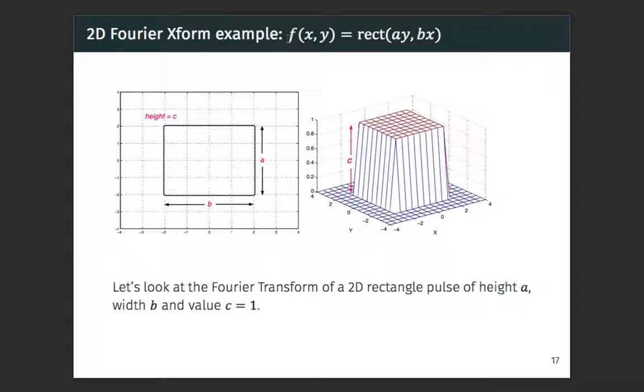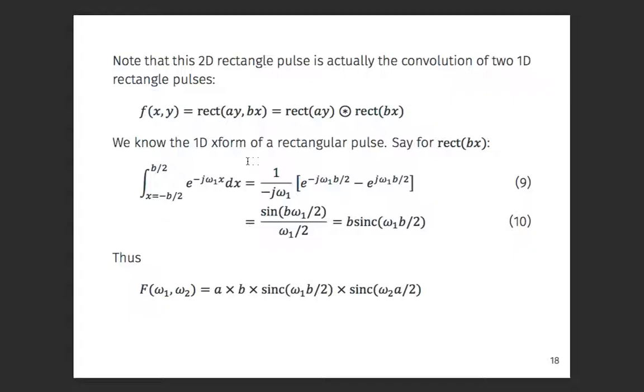Now, this is the definition of our rectangle function, of a and b, okay? The first thing I'm going to say is that because it's symmetric in x and y, it is separable, and you can actually say that it's a convolution of just a 1D signal in y and a 1D signal in x.